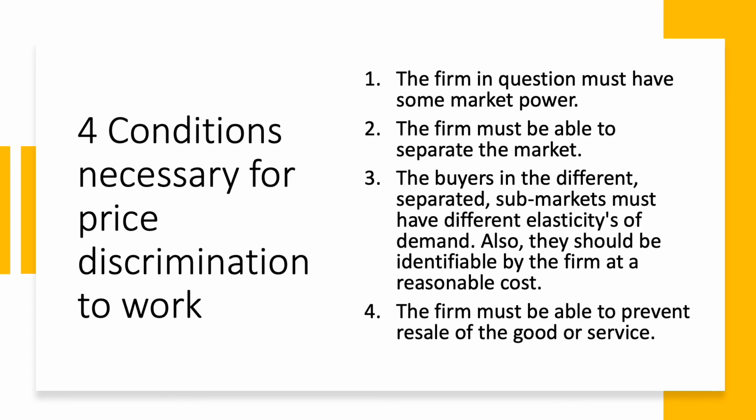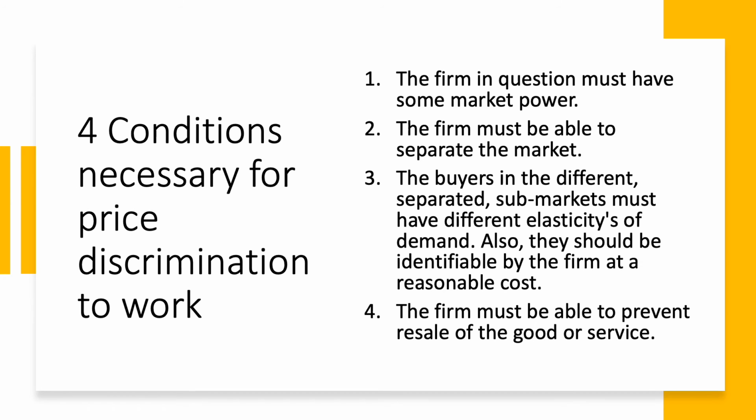What are the conditions necessary for price discrimination to work? Well, the first is that the firm must have market power. You cannot be a perfectly competitive firm and price discriminate, as you charge the same price for everyone. The firm must be able to separate the market. So you have to easily divide between different consumers and easily identify whether they're elastic or inelastic consumers of the good.